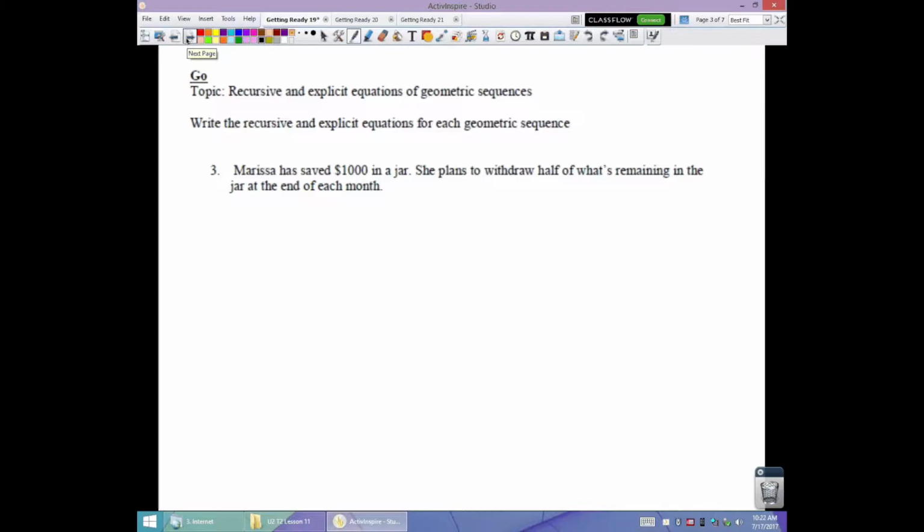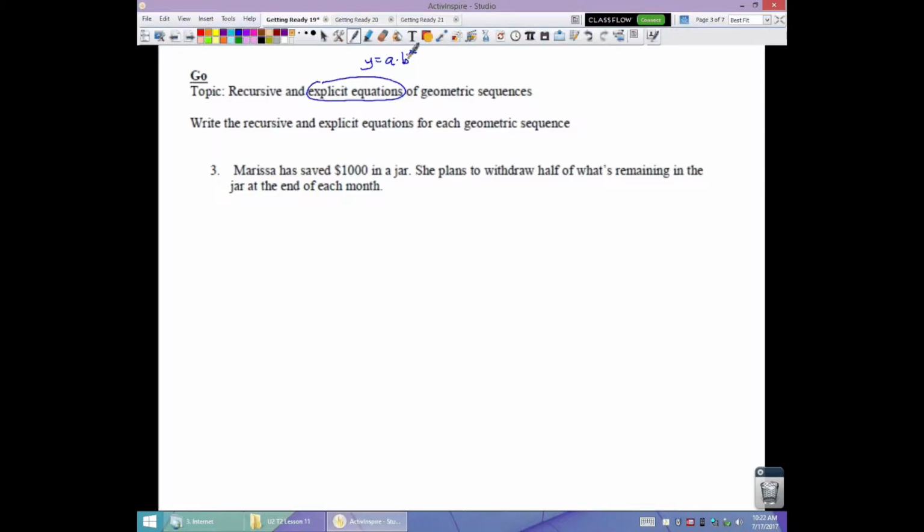Now we're going to make recursive and explicit equations for each geometric sequence. So we already know going in that each of these is geometric. That means we know our explicit equations are all going to take that exponential form. And we know we're always looking to be multiplying. So number 3, we're given a scenario.